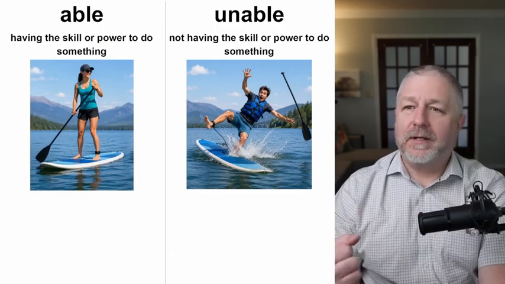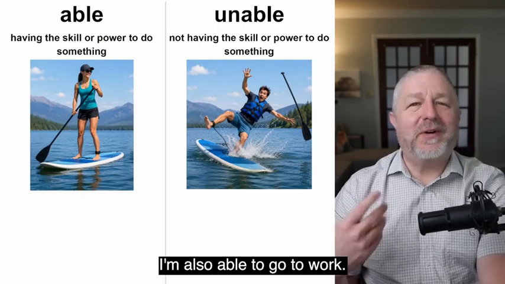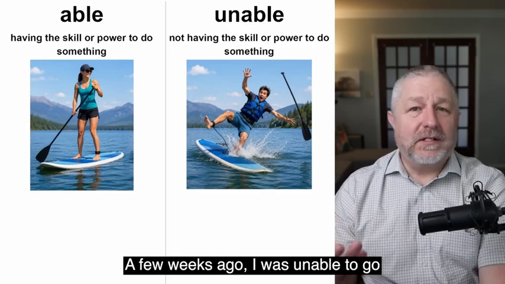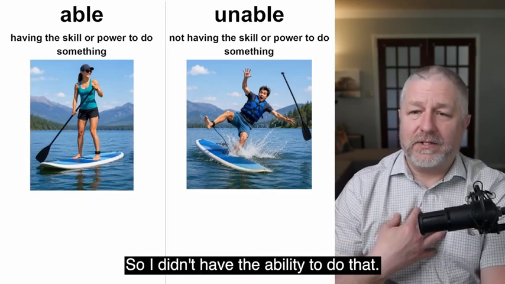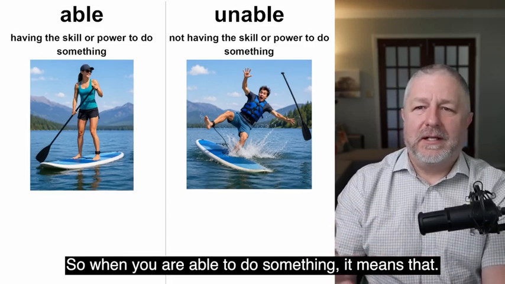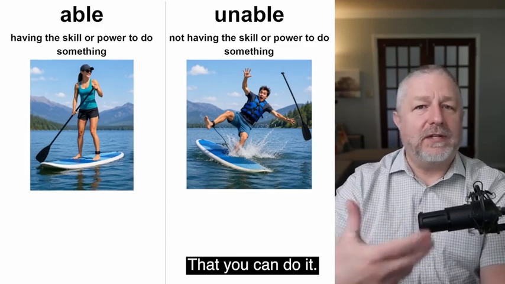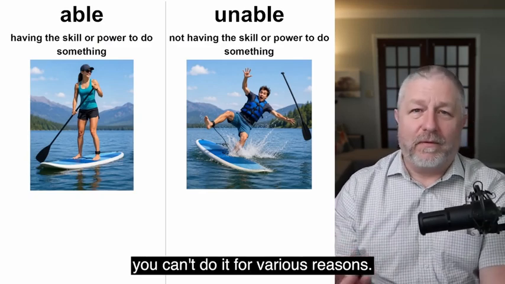I'm not sick. I had breakfast. I'm required to go to work, but I'm also able to go to work. A few weeks ago, I was unable to go to work because I was not feeling well. So I didn't have the ability to do that. So when you are able to do something, it means that you can do it. When you're unable to do something, it means you can't do it for various reasons.